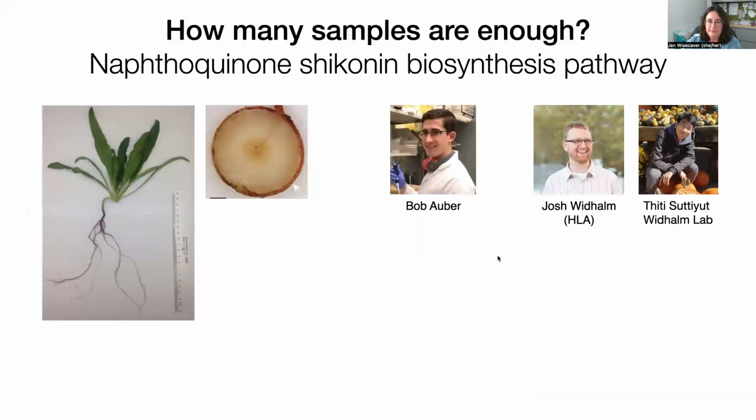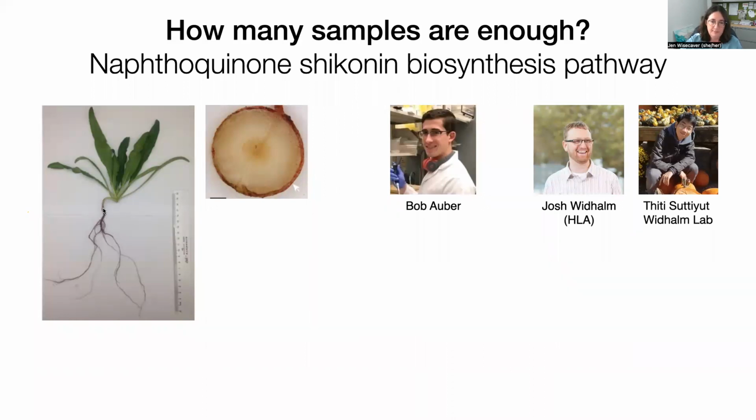that comes out of a collaboration between my lab. Most of the work I'm going to be showing here is done by Bob Auber, a graduate student in my lab, in collaboration with Josh Woodholm at Purdue in horticulture and landscape architecture, and his grad student, T.T. Sitiot. So what we've been investigating, right when I started back at Purdue in 2017, we started this project looking at this Shikonin biosynthesis. It's a pathway.